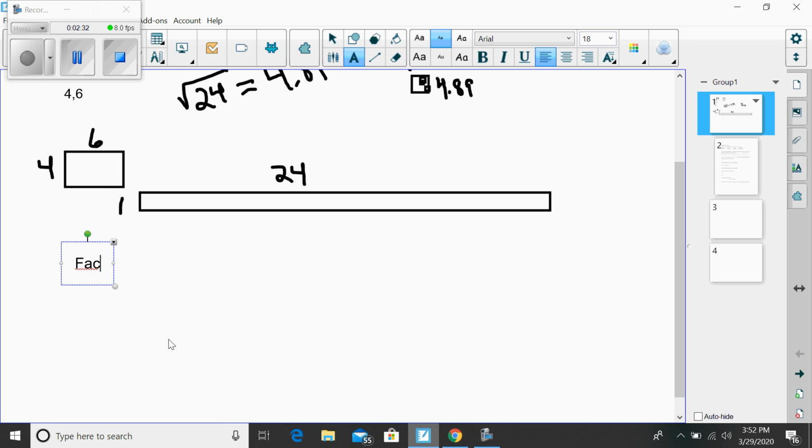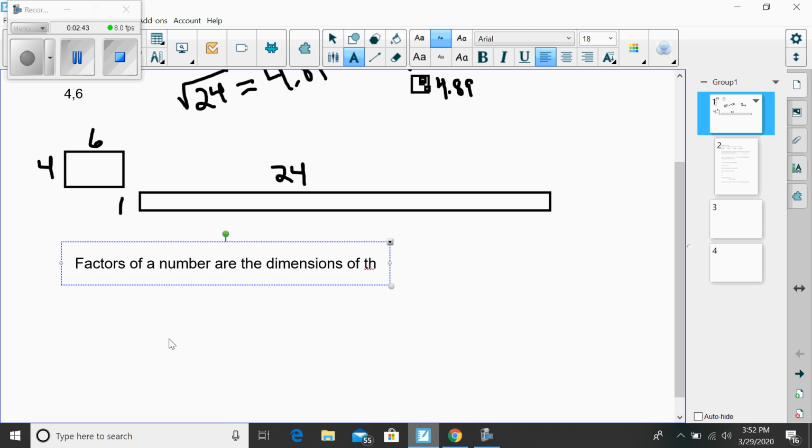Let's say that the factors are the dimensions of the rectangles that I can make. Okay, that's an elementary school definition of factor.